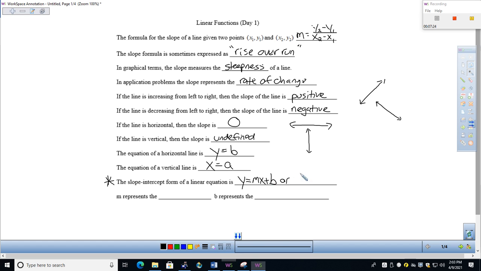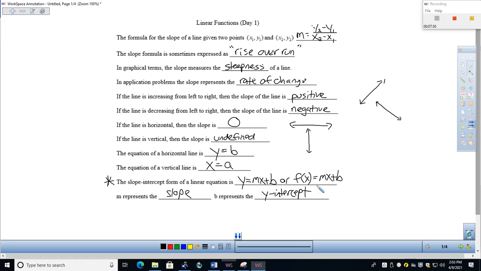And just because we are really talking about it as a function, remember f of x is an alternative way to talk about y. So f of x equals mx plus b. Should be comfortable with your generic y or your function notation f of x. And as I already said, m represents the slope, and b represents the y-intercept. Just be careful on that, not the x-intercept.